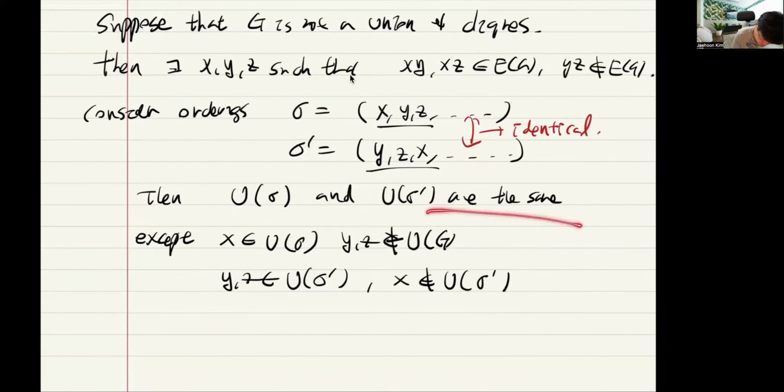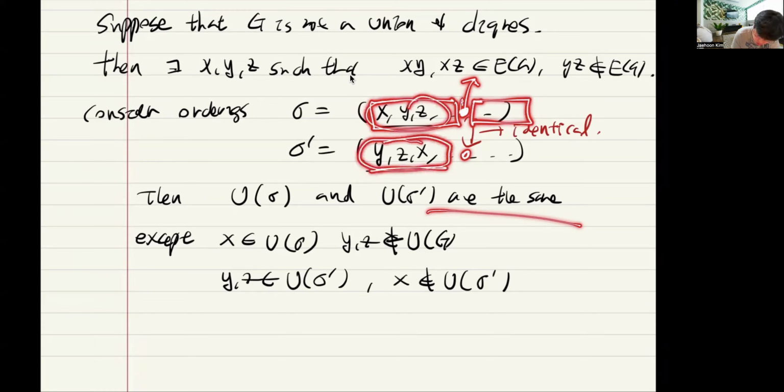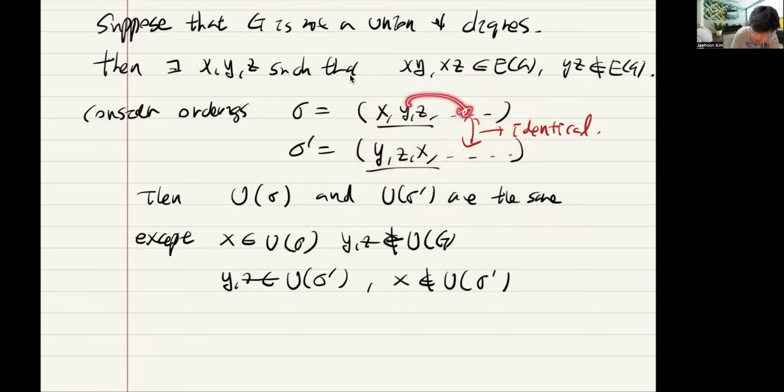It's easy to check. For other vertices, whether it's in U or not, the only thing that matters is the set of vertices coming before and the set of vertices coming after. For these, the set of vertices coming before is identical, and the set of vertices coming after is identical. So if their neighbors are all later, this is still all later. If they have an earlier neighbor, they also have an earlier neighbor.